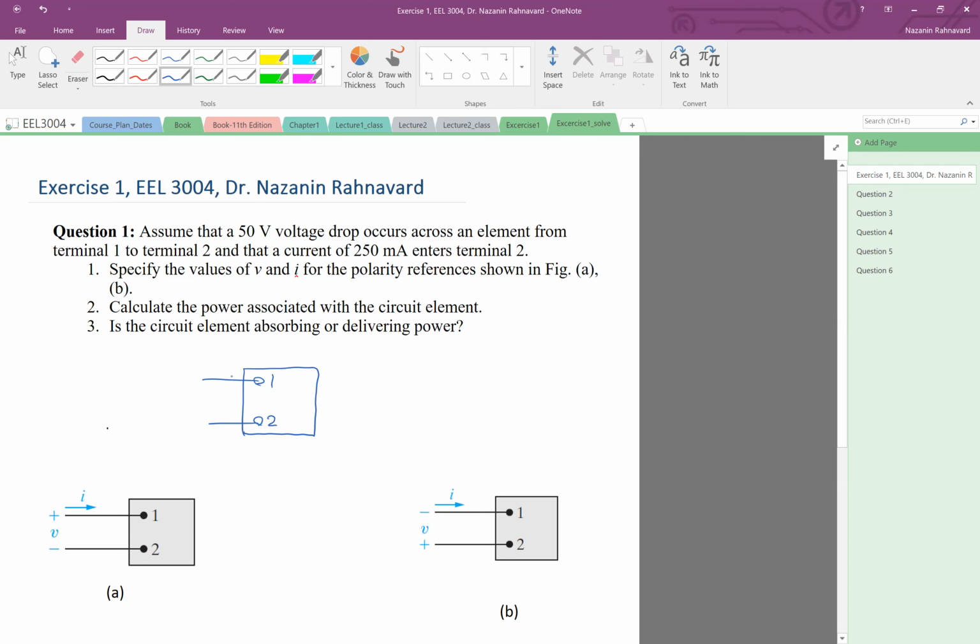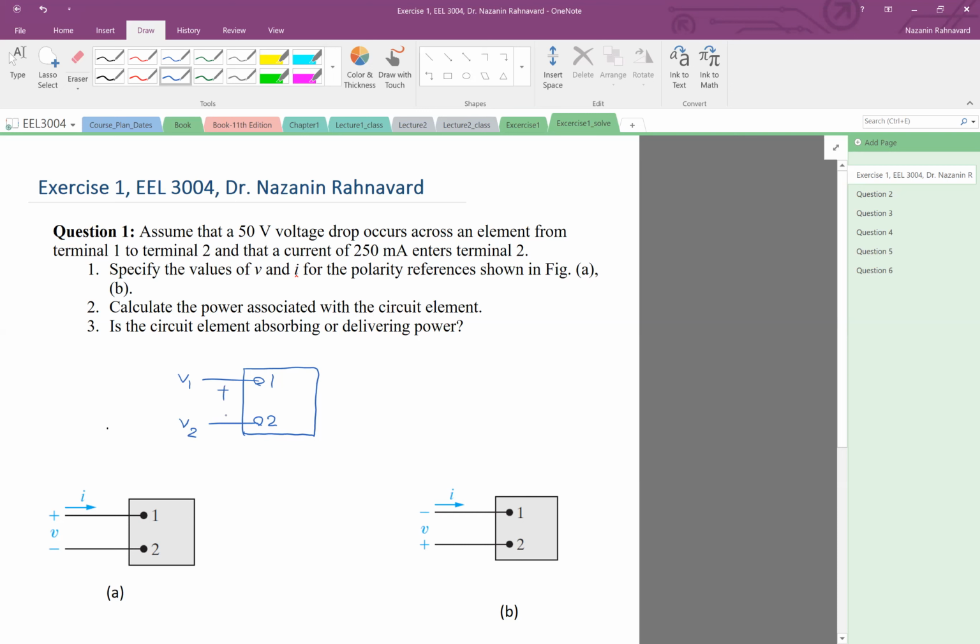Okay, so when there's a voltage drop from terminal 1 to terminal 2, it means that terminal 1 voltage, if it is V1 and this is V2, there's a drop, meaning that V1 is 50 volt more than V2.